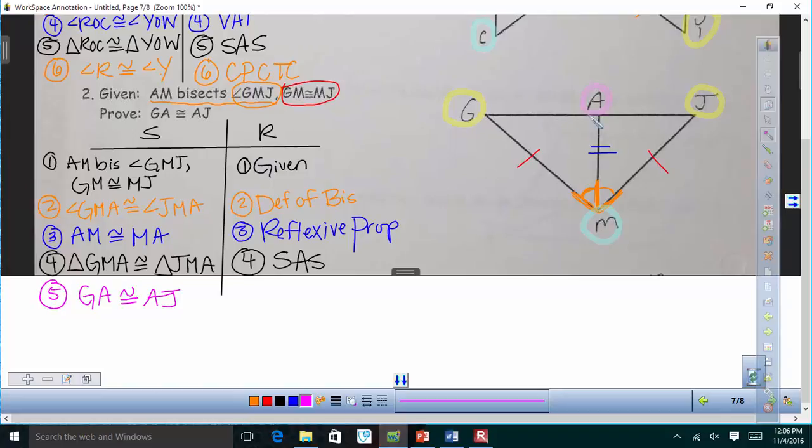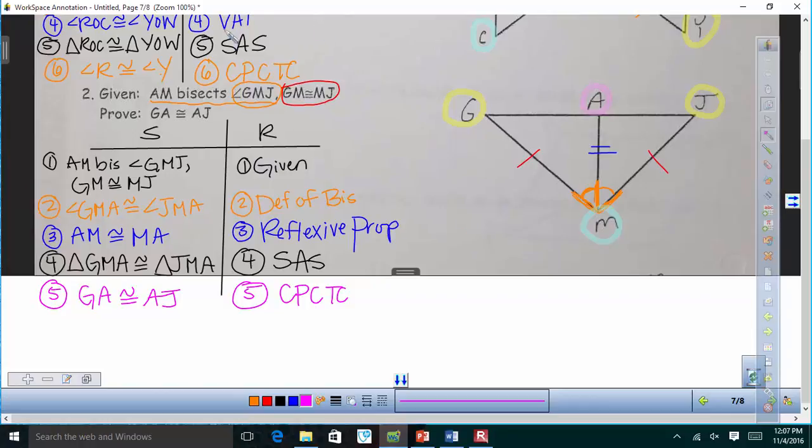So GA would be the same as JA by CPCTC, or corresponding parts of congruent triangles are congruent. That is always going to be the last one. So you basically prove that the triangles are congruent, and then that's your last step. It's the same. The reason never changes.